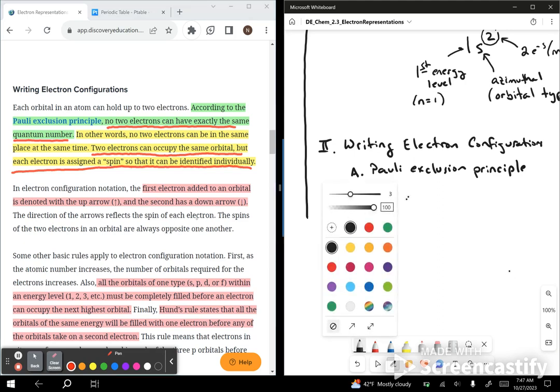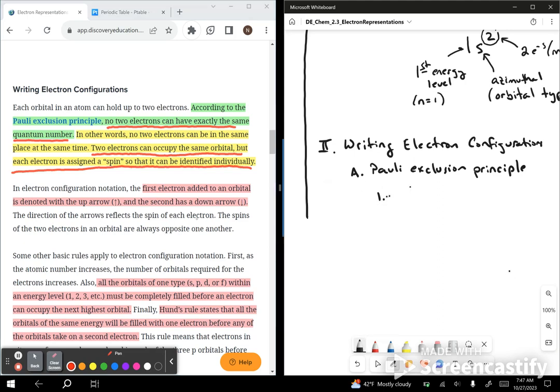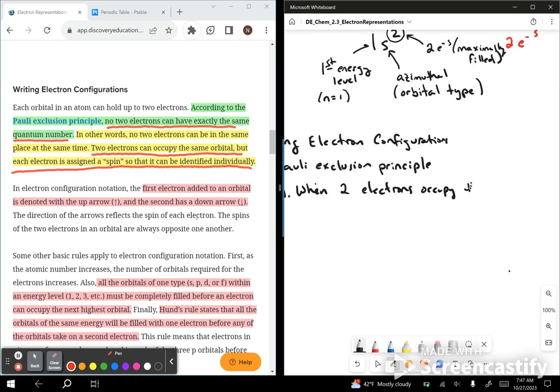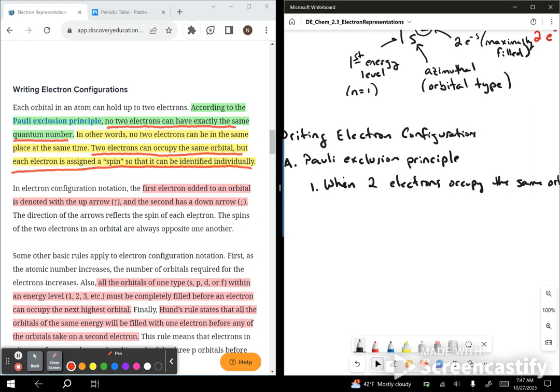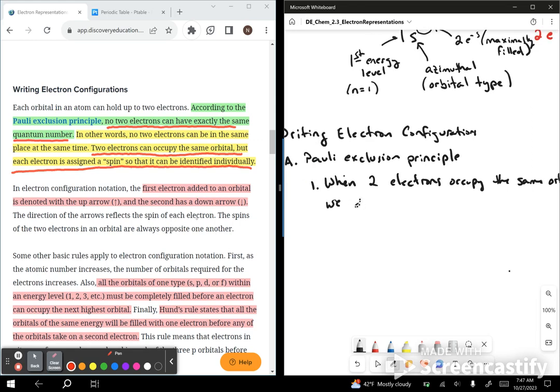We'll say number 1. When 2 electrons occupy the same orbital, we denote them with opposite spin arrows.